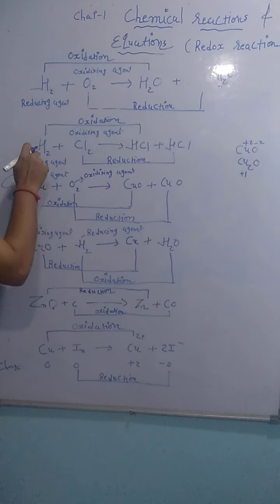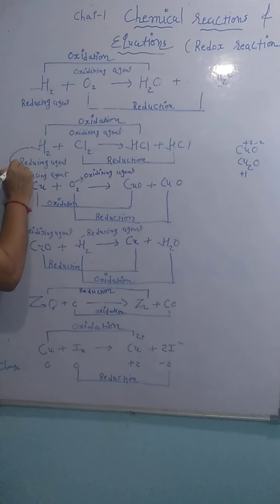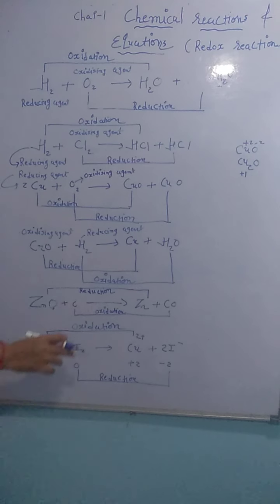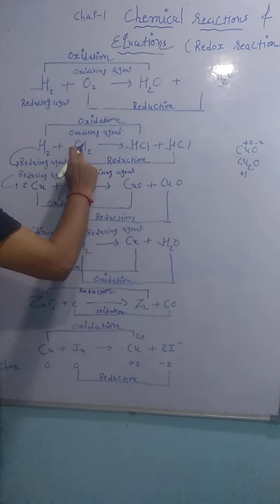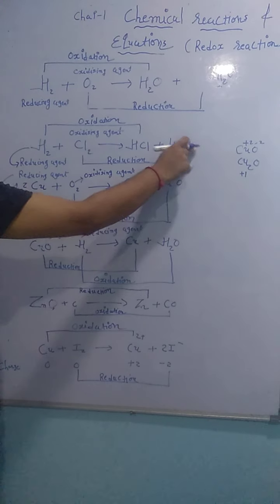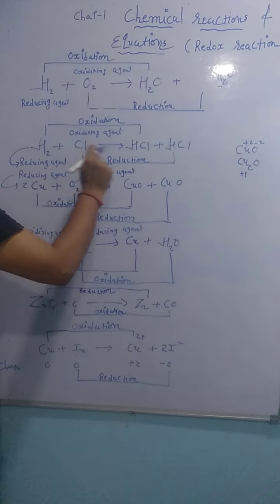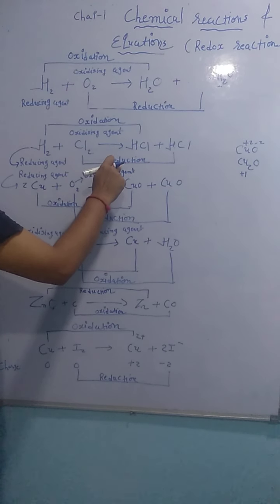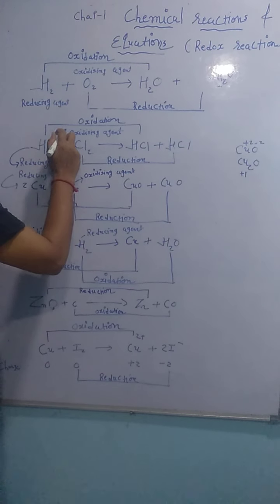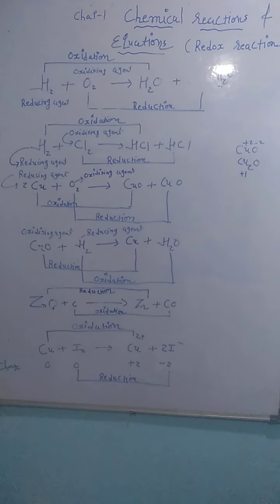As hydrogen is undergoing oxidation, hydrogen is the reducing agent. Compare the other reaction: Cl2 and HCl. Cl is 2 and 1, hydrogen is added, so this is a reduction reaction. As chlorine is undergoing reduction, chlorine is the oxidizing agent.